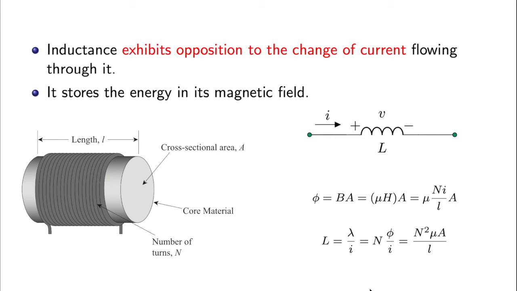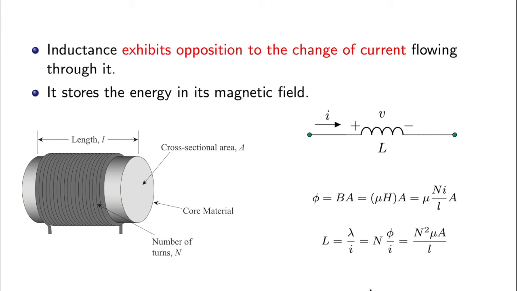Inductance is the property of the circuit element which exhibits opposition to the change of current flowing through it. It stores the energy in its magnetic field. The unit is Henry. This is only a schematic representation of an inductor.